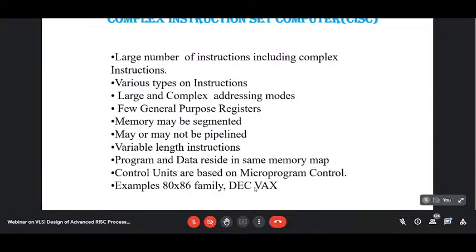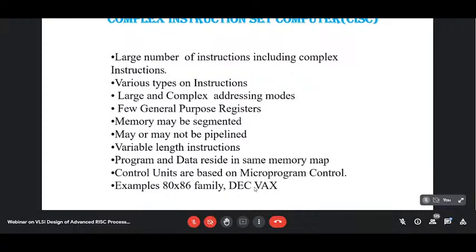There are various types of instructions, a large variety of instructions, and large and complex addressing modes. The number of general purpose registers is less. That means data will be stored mostly in memory. Memory may be segmented. Architecture could be pipelined or non-pipelined.